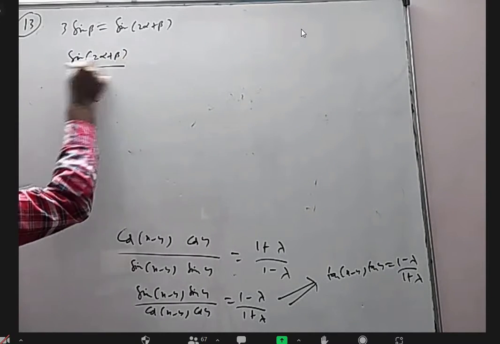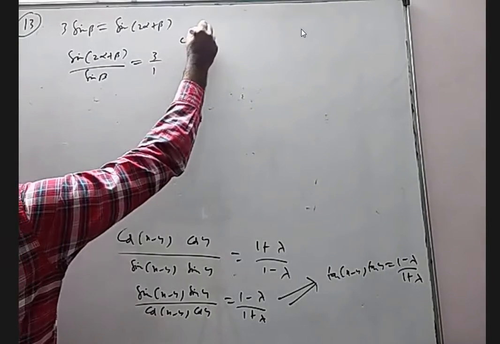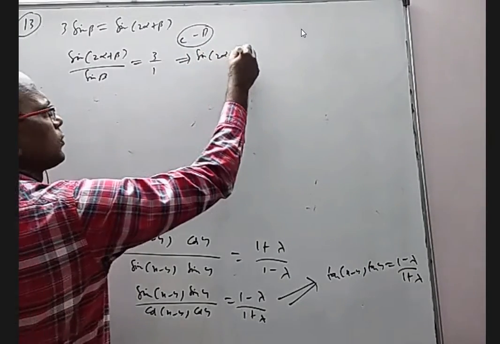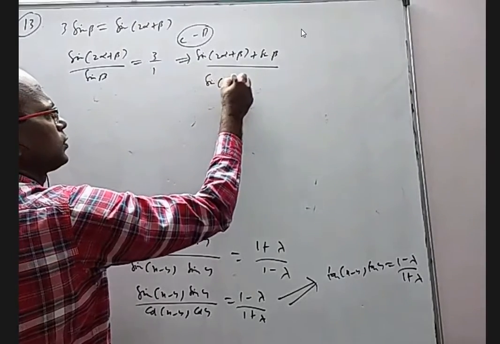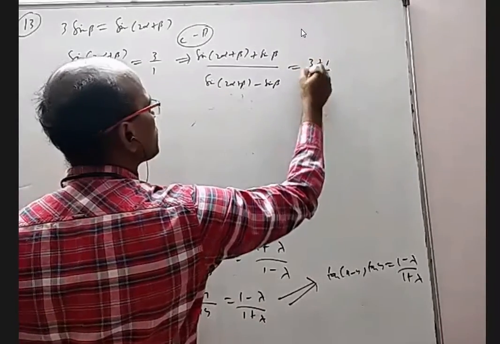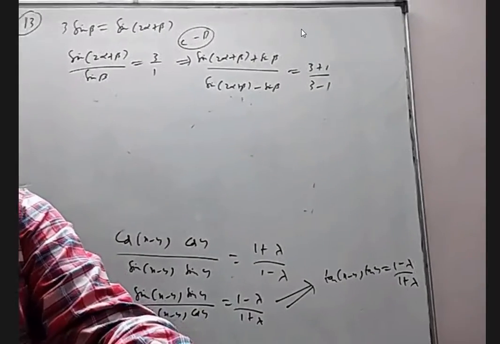Sin(2 alpha plus beta) by sin beta is equal to 3 by 1. If you apply componendo-dividendo, you will get (sin(2 alpha plus beta) plus sin beta) over (sin(2 alpha plus beta) minus sin beta) equals (3 plus 1) by (3 minus 1). Now numerator plus denominator.